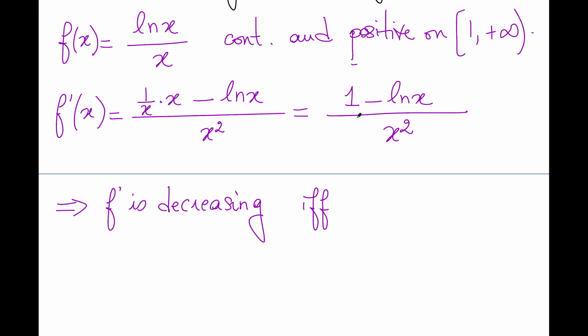And upstairs, I need this to be negative for the whole thing to be negative, right? So we need 1 minus ln x to be negative.